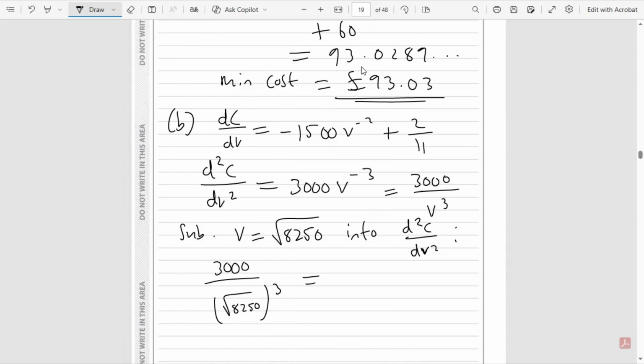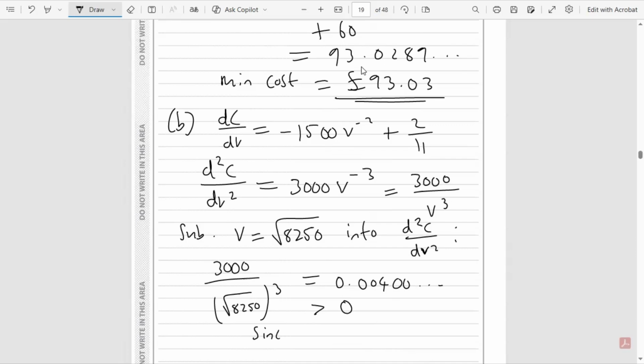So this would be 3,000 over 8,250 to the power of 3 over 2. It's about 4 times 10 to the minus 3. So this is about 0.00400, etc., which is obviously a positive number.